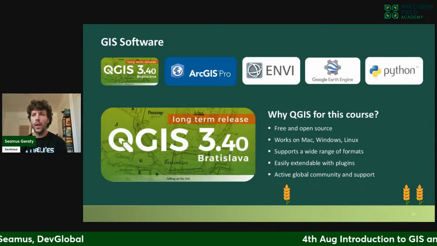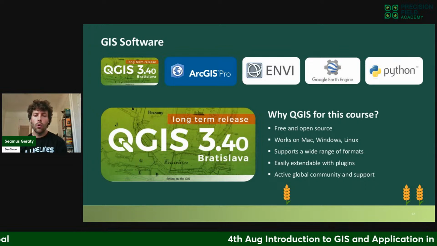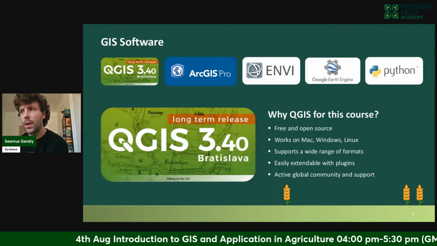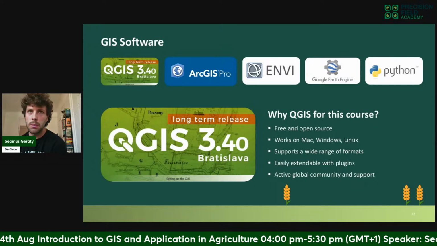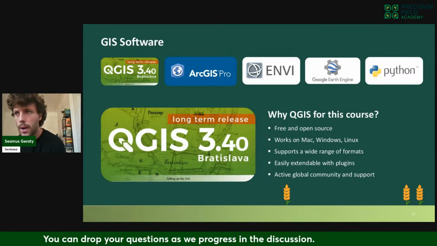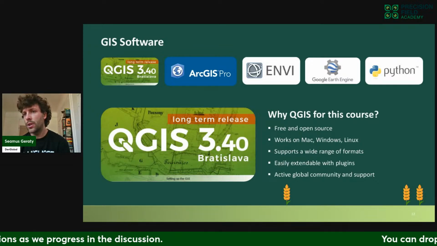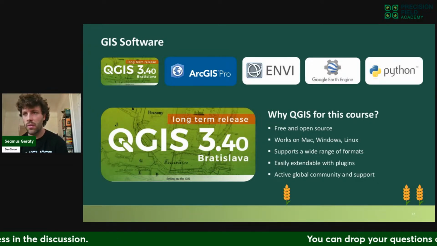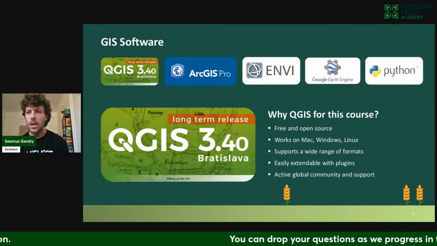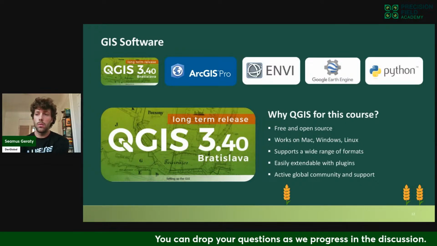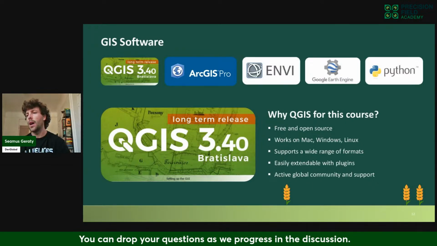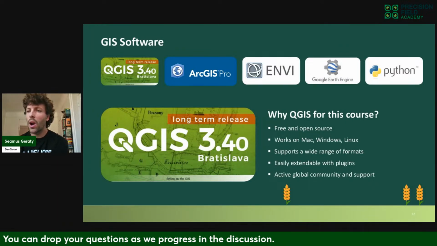A lot of times when you're looking at dashboards online or story maps, for example, or maps that are kind of professionally made, these are oftentimes made with ArcGIS Pro. It's produced by Esri, which is a very large company, and they provide software and solutions to folks around the world. It's widely used in government and enterprise.